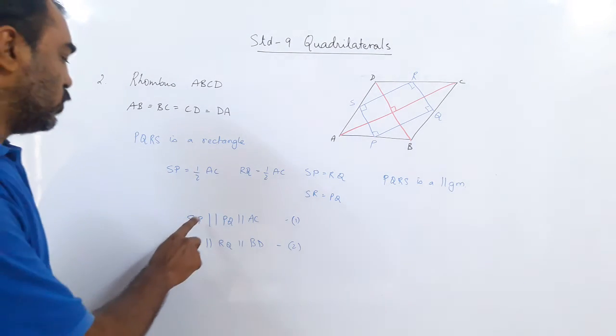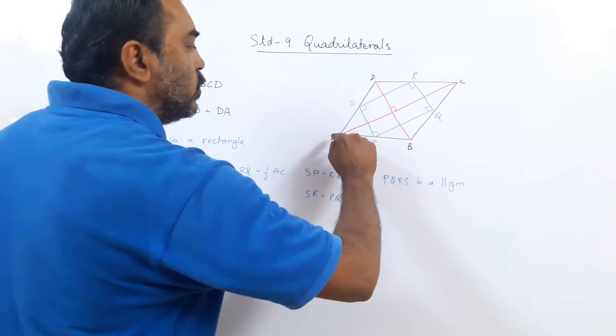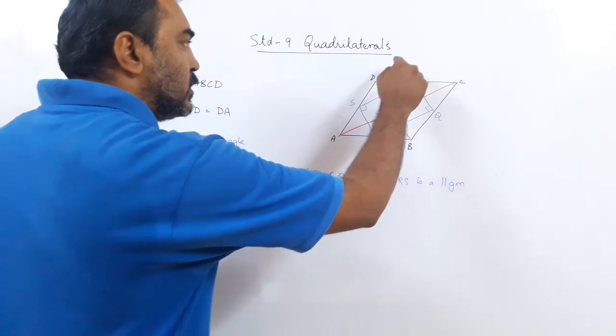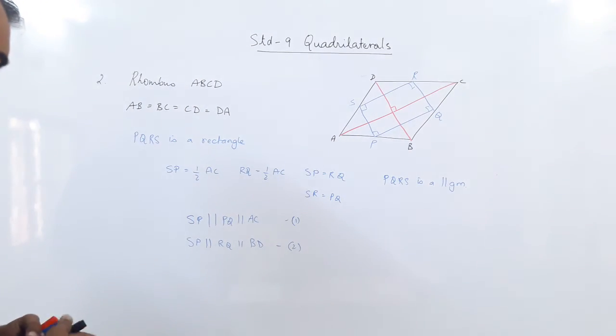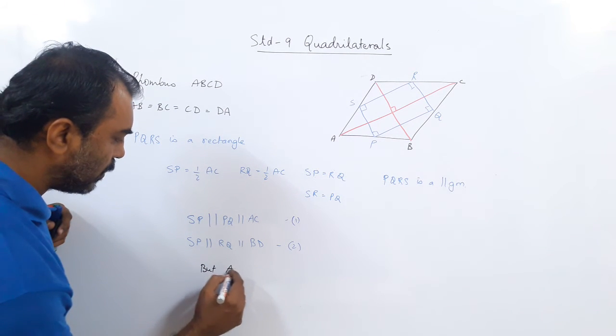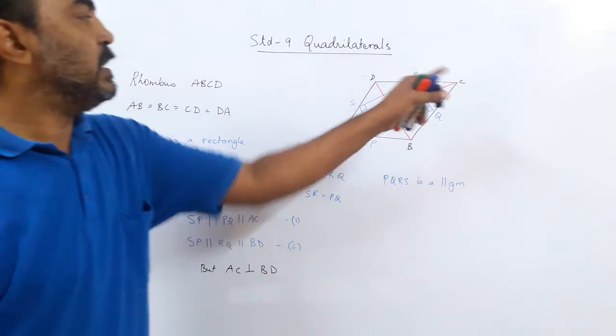But here what we have proved is that SR is parallel to PQ and both are parallel to AC. SP is parallel to RQ and both are parallel to BD. But we have AC perpendicular to BD. Why is AC perpendicular to BD?